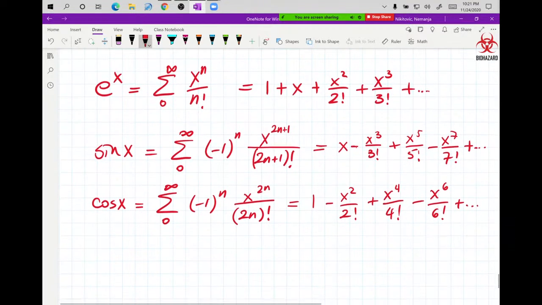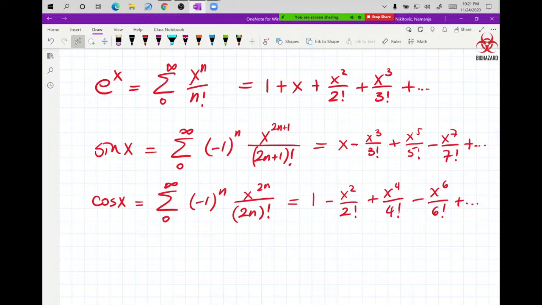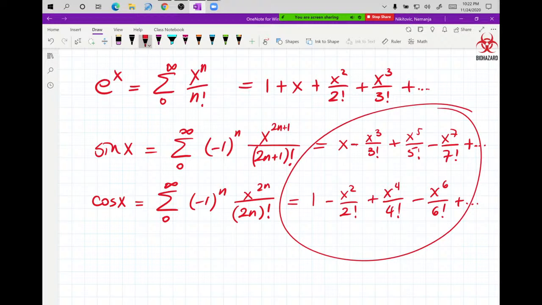Can anyone make an interesting observation regarding sine and cosine? Looking at the polynomials over here, what do you see? Excellent. Exactly.